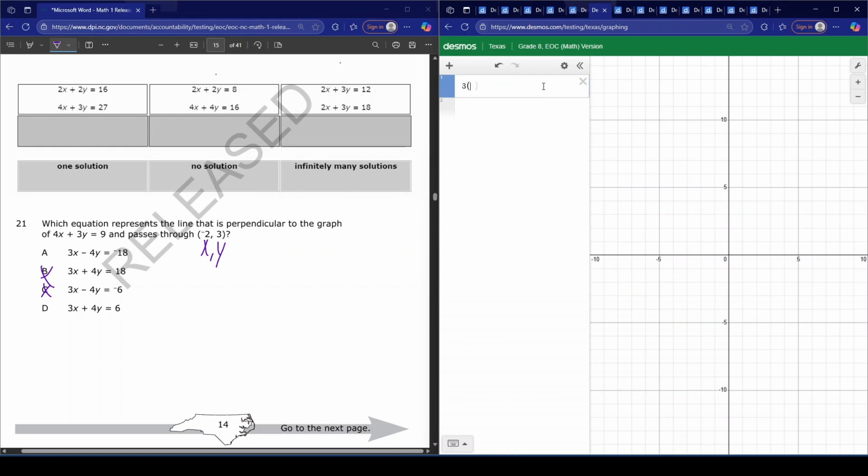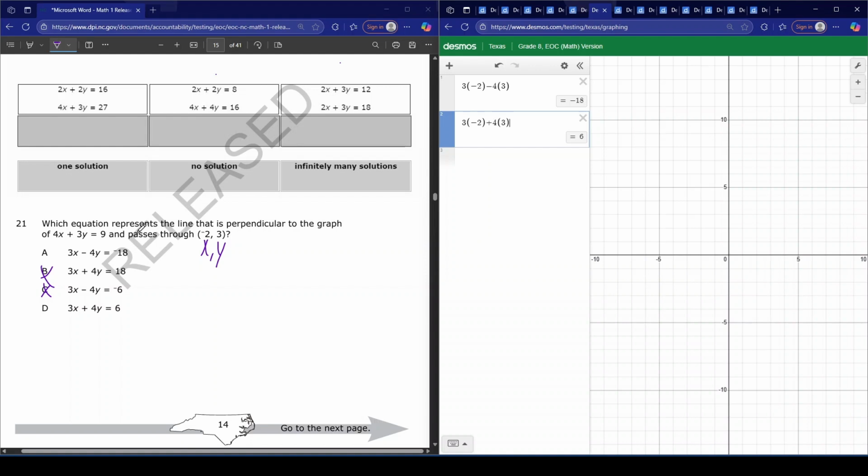Let me put just A and B up here. A is true, it does equal negative 18. Let's do D again. And it does equal out to 6. So how can we choose the answer choice when they're both true? Because they do pass through negative 2 and 3.